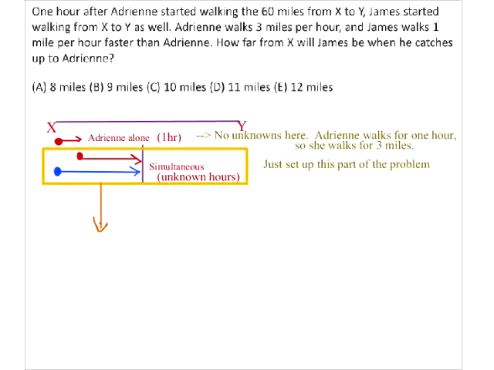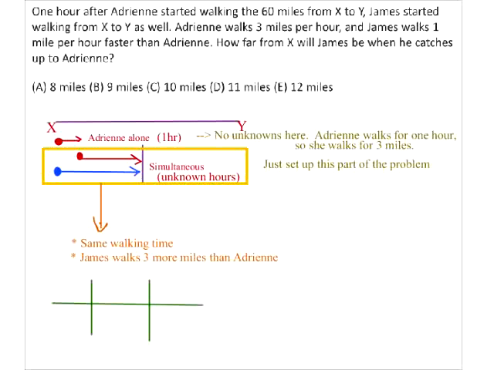Now you have the same walking time. And then you have James walks 3 more miles than Adrian. So we can set up the same kind of table, but a little bit differently. These are still 3 and 4.